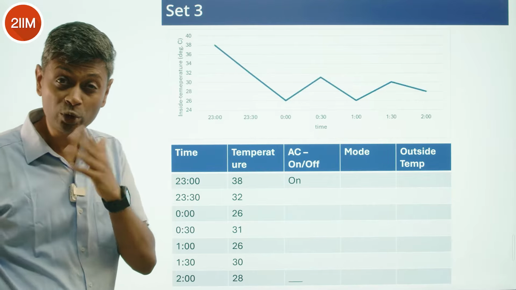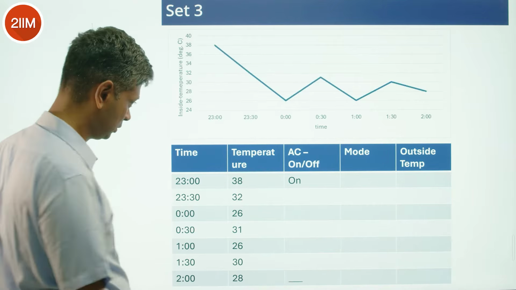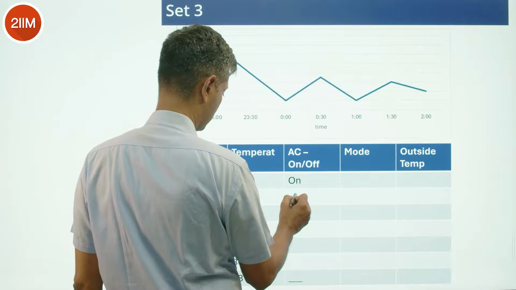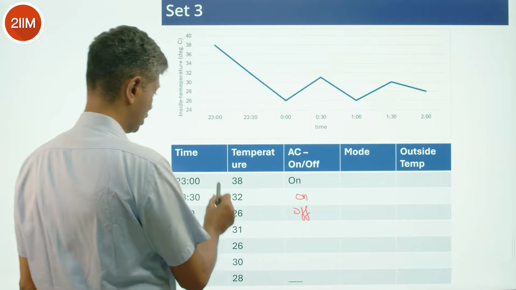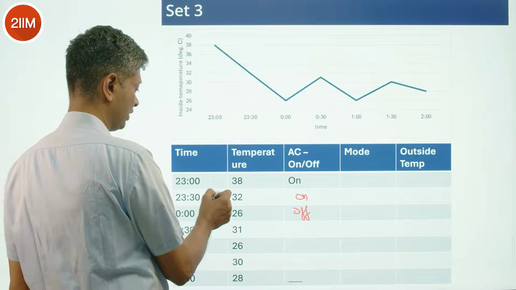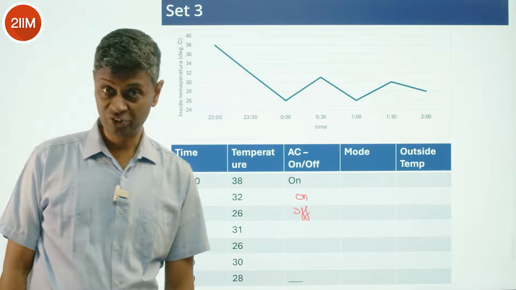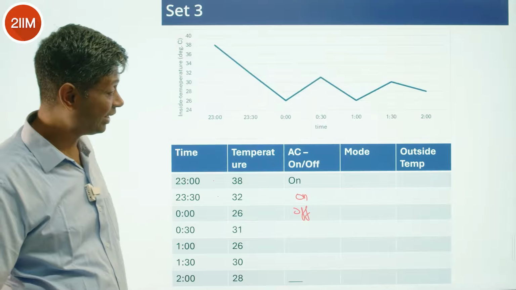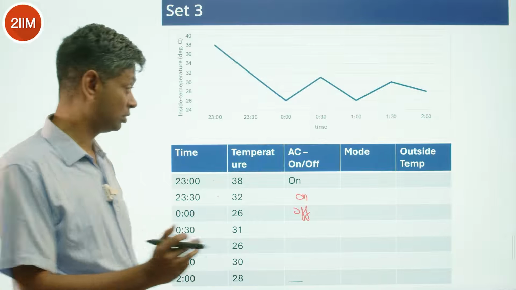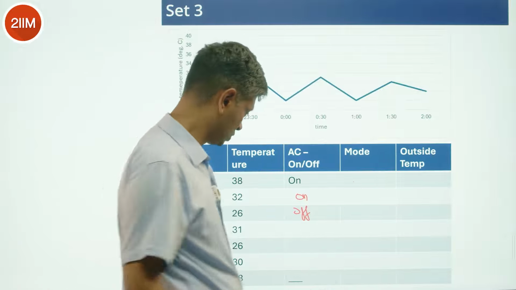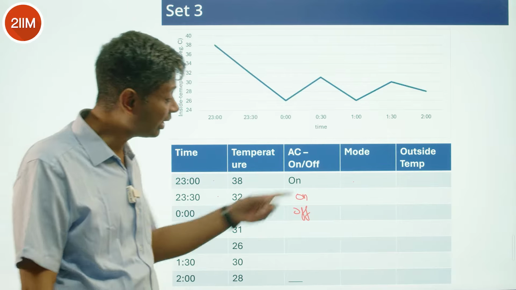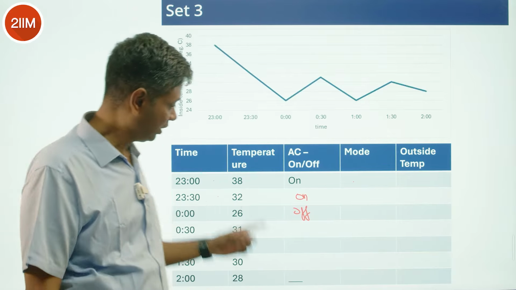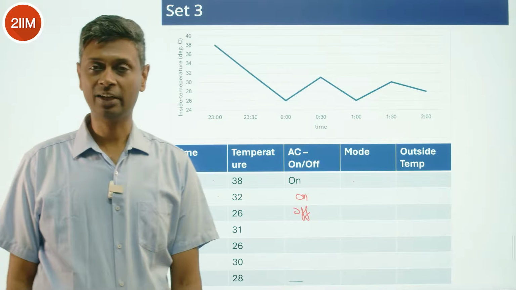We can think about the mode also. We can say, hey, at this time it is on, here it is off. From 11 o'clock to 11:30, it's dropped by 6 degrees Celsius. So I could have set the target temperature as 32 and run this in power mode, or set the target temperature at 26 and run it at regular mode. And so it is dropping 6 degrees in half an hour.